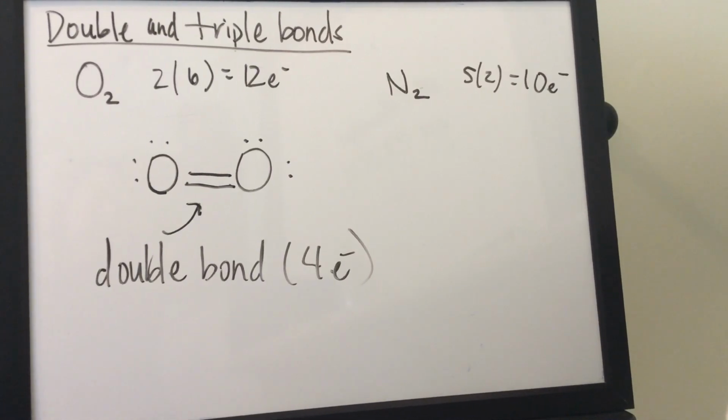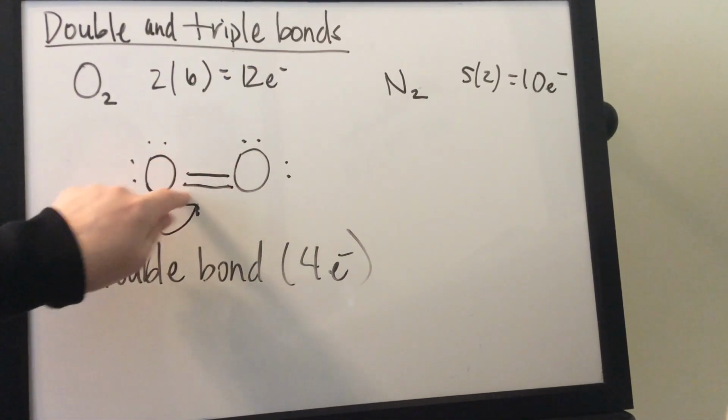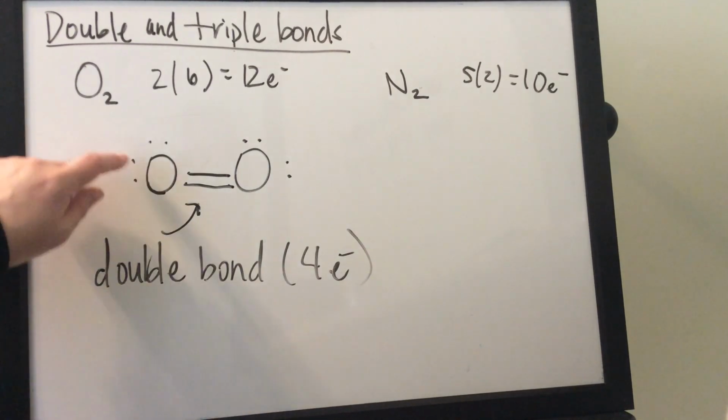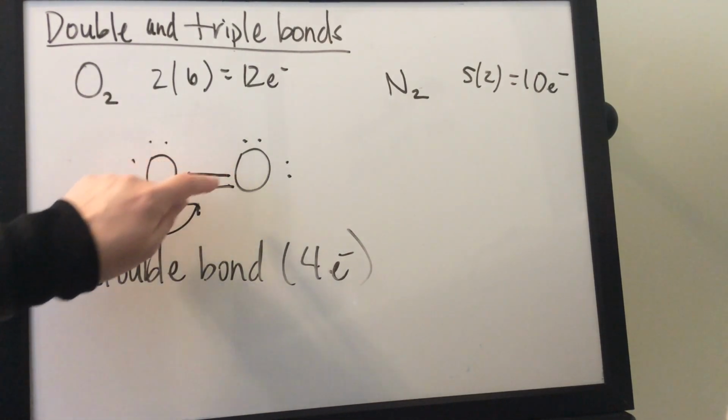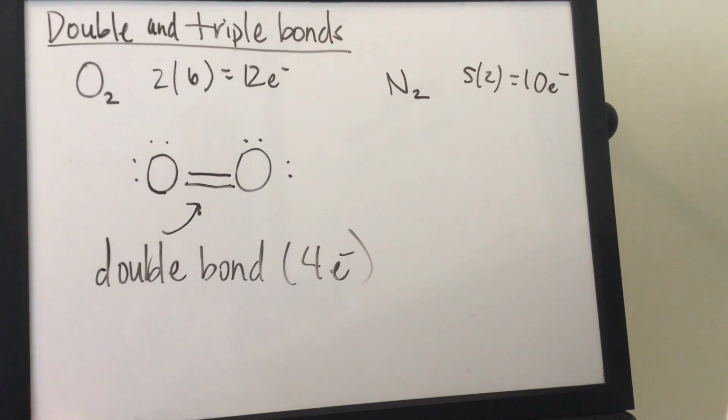So check this out. Do I still have 12 electrons? 1, 2, 3, 4, 5, 6, 7, 8, 9, 10, 11, 12. I do. And do all my oxygens have an octet? They do. 1, 2, 3, 4, 5, 6, 7, 8. Same for this one. So in this case, you cannot draw a Lewis structure for O2 unless it's with a double bond.